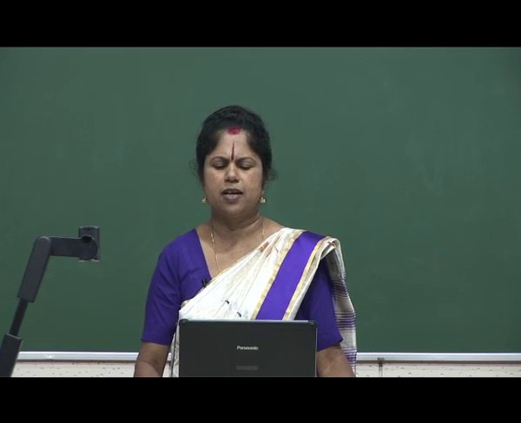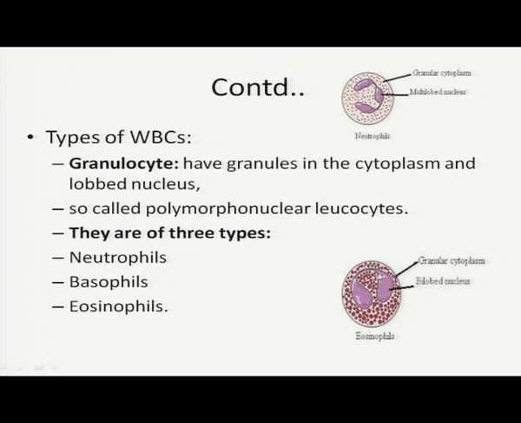In both these types of cells, granules are present in the cytoplasm, and they have a lobed nucleus. So, they are known as polymorphonuclear leukocytes. Their nucleus varies in shape and structure.